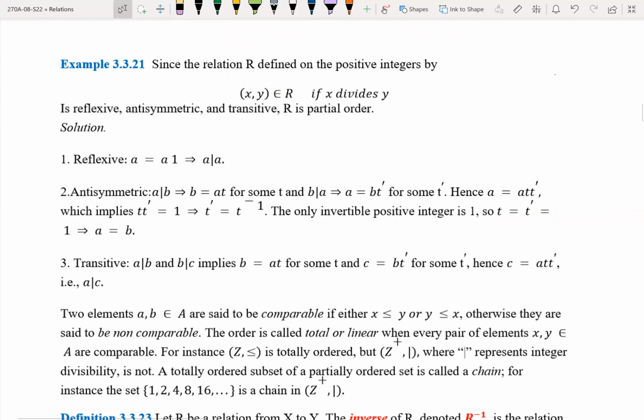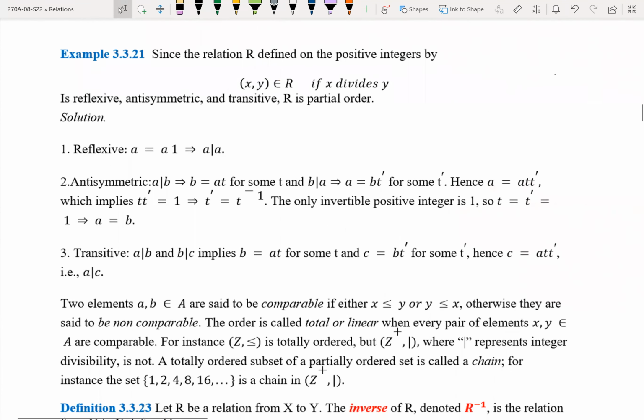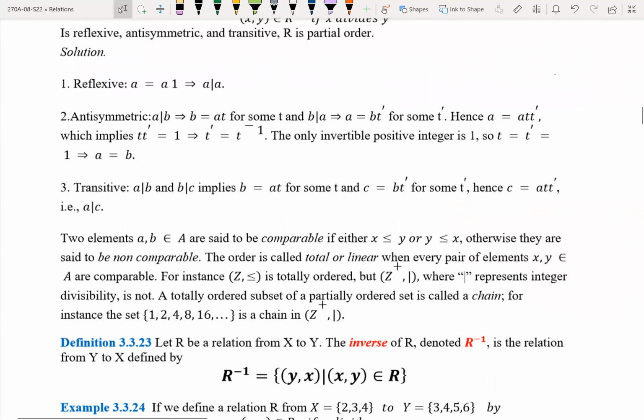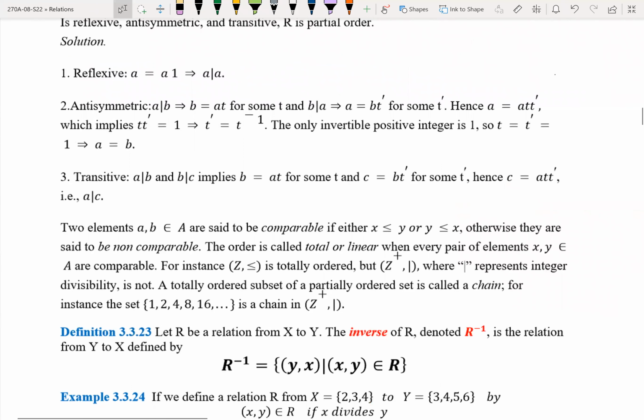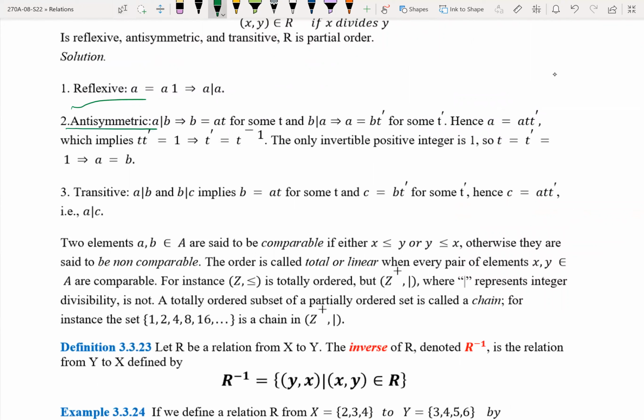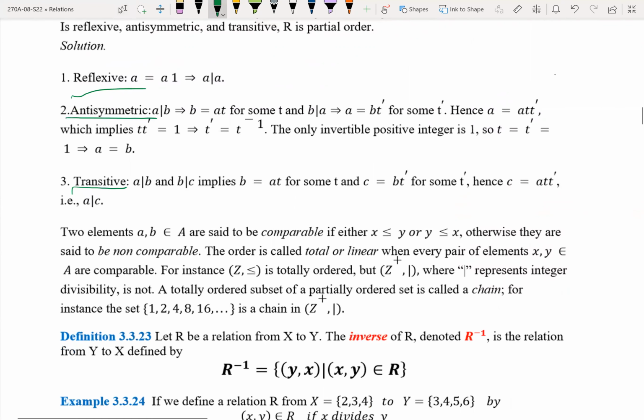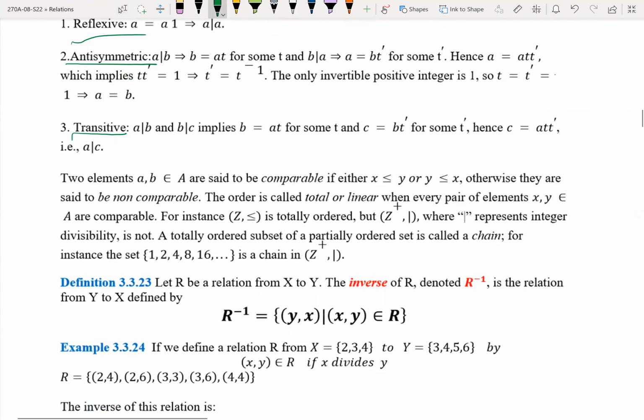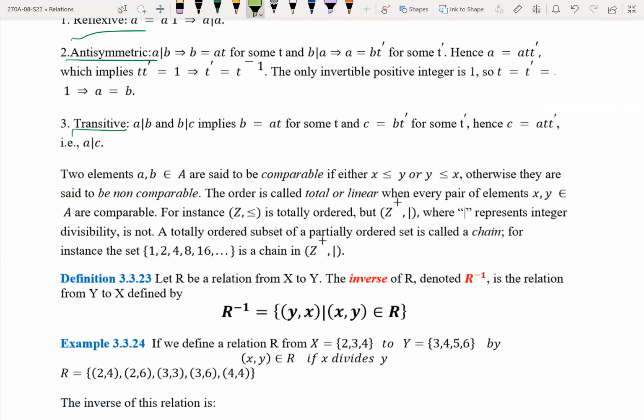So this is exactly what we have done right now, and we showed all of these properties of reflexive, antisymmetric, and transitive for this divisibility. I have another expression over here before moving to what we call equivalency. It says A and B are comparable.